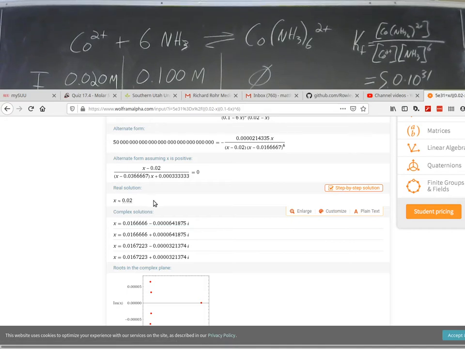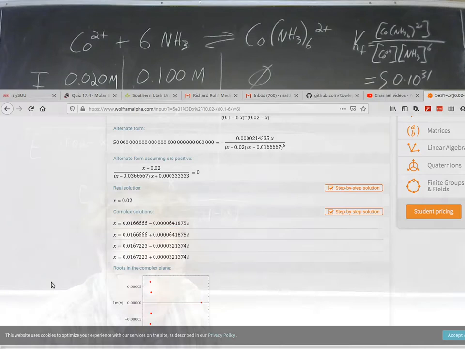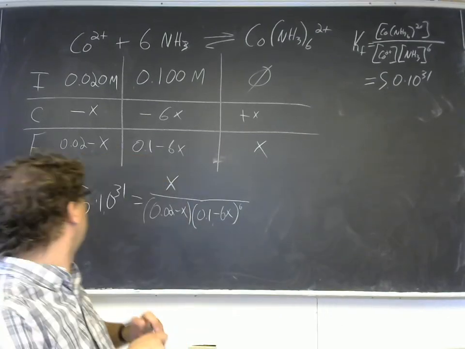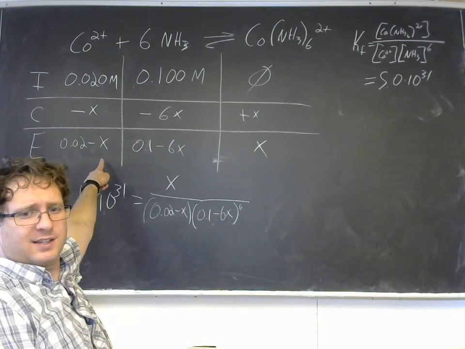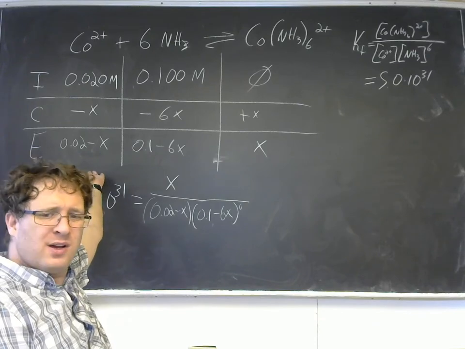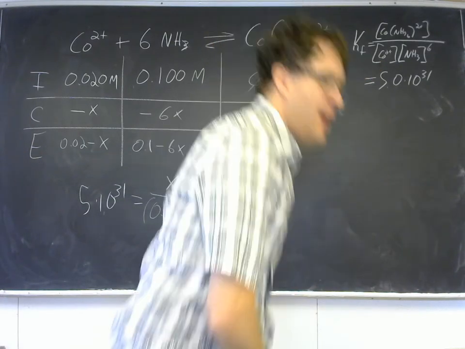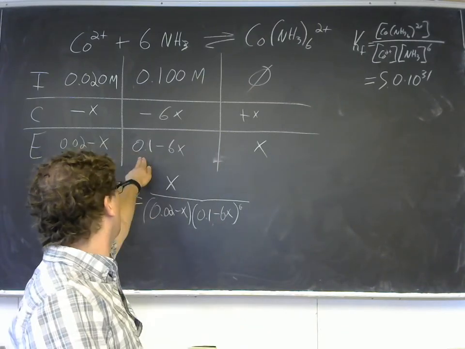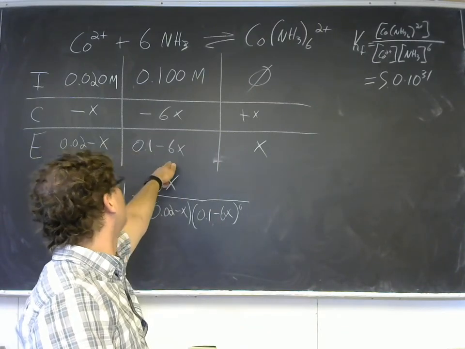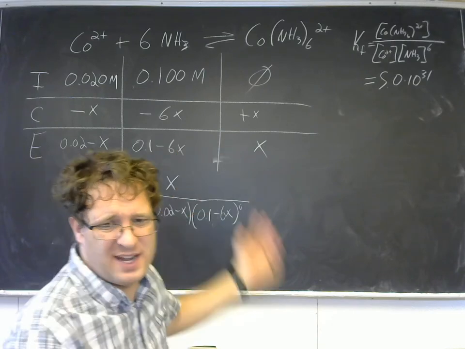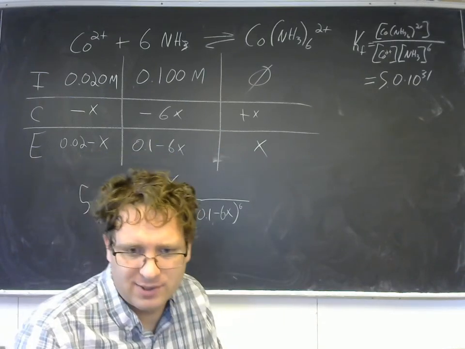Well, if x is equal to 0.02, then 0.02 minus x is going to equal 0, and I can't divide by 0. Furthermore, 0.1 minus 6 times 0.02 is going to give me a negative concentration for ammonia, so that's no good.